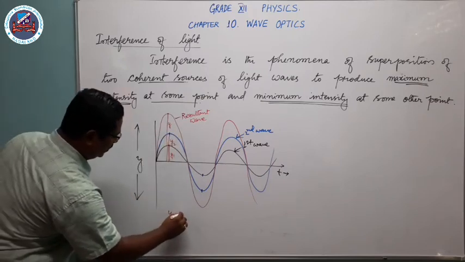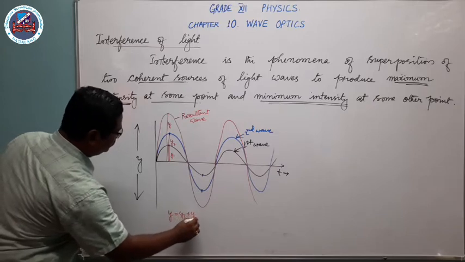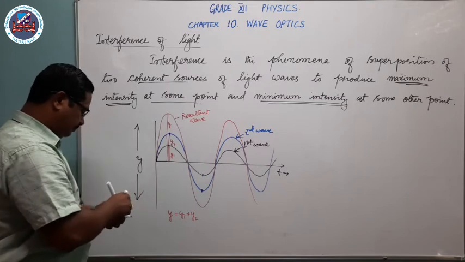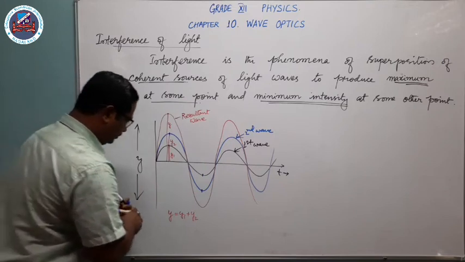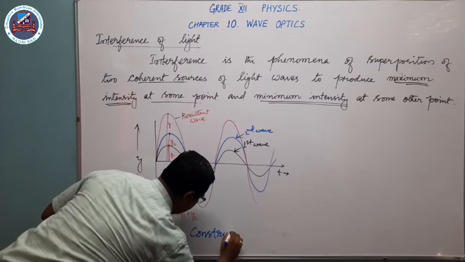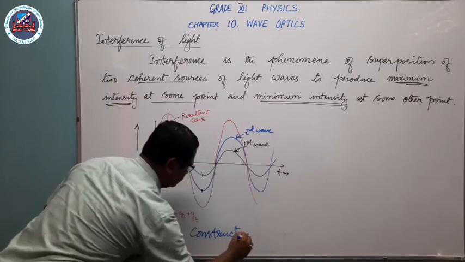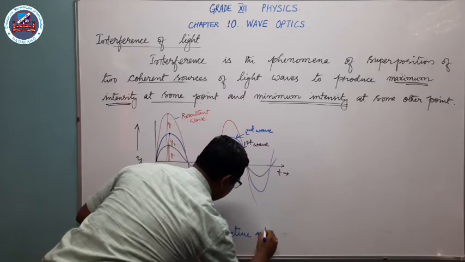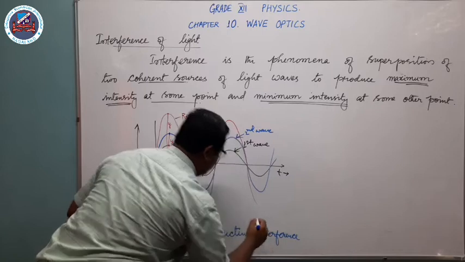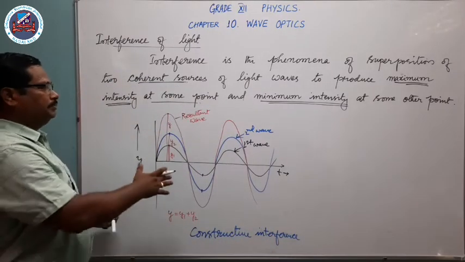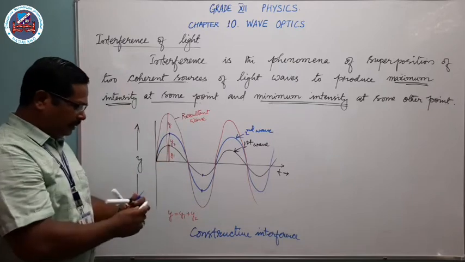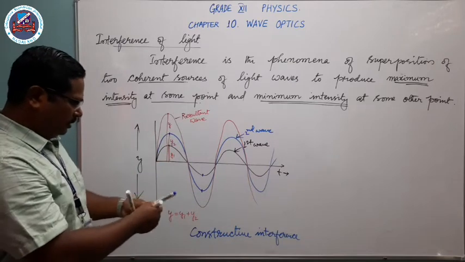Here will be y1 plus y2. That is your constructive interference. Here the intensity will be maximum, brightness will be more. Suppose if you take these are light waves. Now the second one, that is our destructive interference.